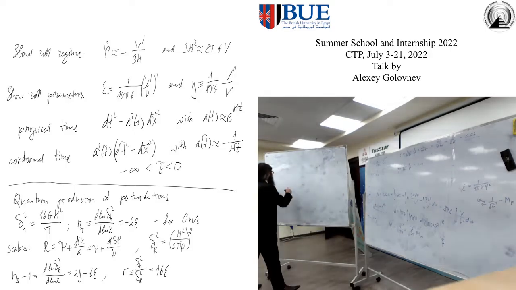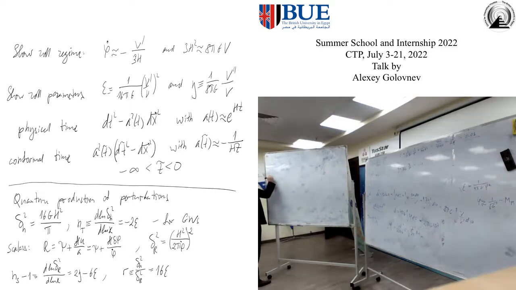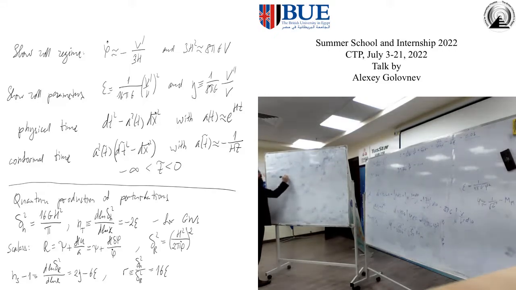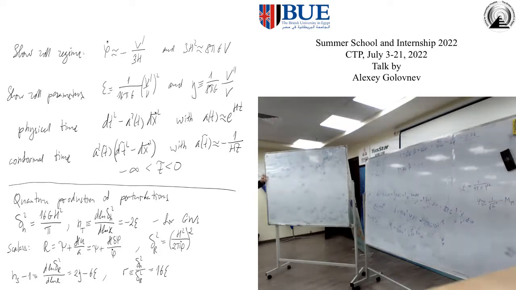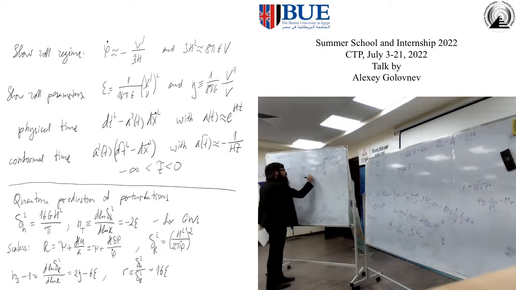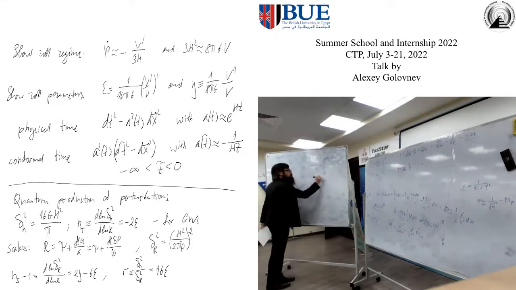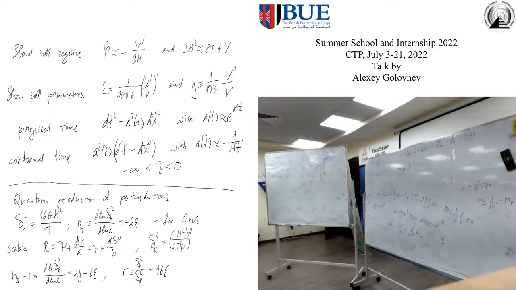Now I want to change to conformal time, in which the metric would look like that. And if I want to use conformal time for de Sitter space-time, I can do that by assuming the scale factor going like that, with time going from minus infinity to 0. Like 0 time is now the infinite future.